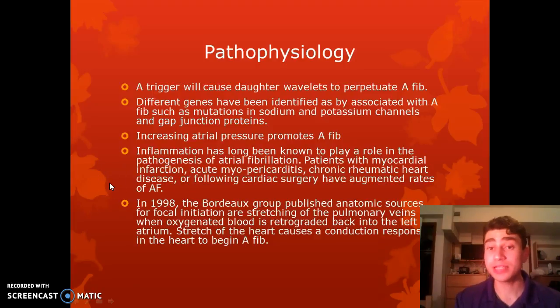Interestingly, in 1998, the Bordeaux group published this anatomical source, which was really trying to understand the focal initiation of where the impulses were coming from.